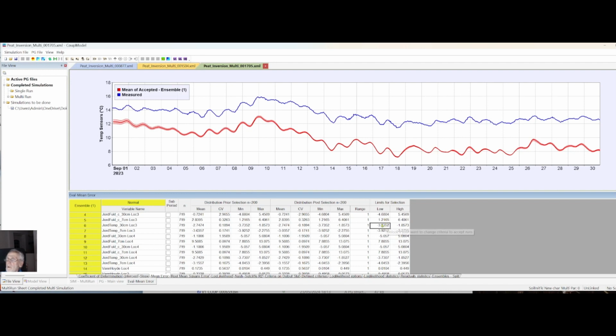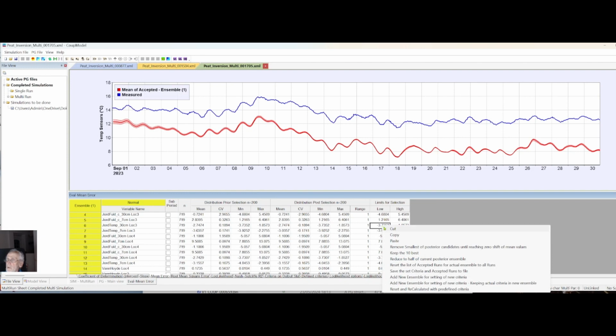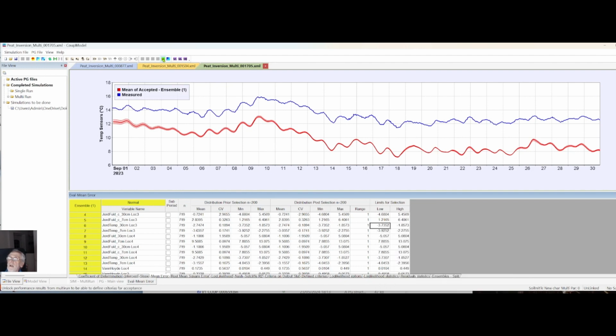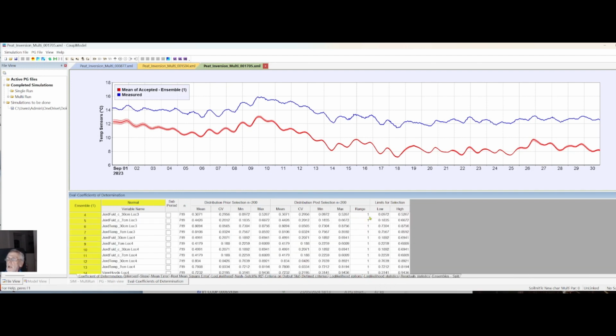Now, sometimes we can just ask for, for instance, the 10 best, but we could also put values here after unlocking, because we have to unlock it to make clear that we can modify those values.